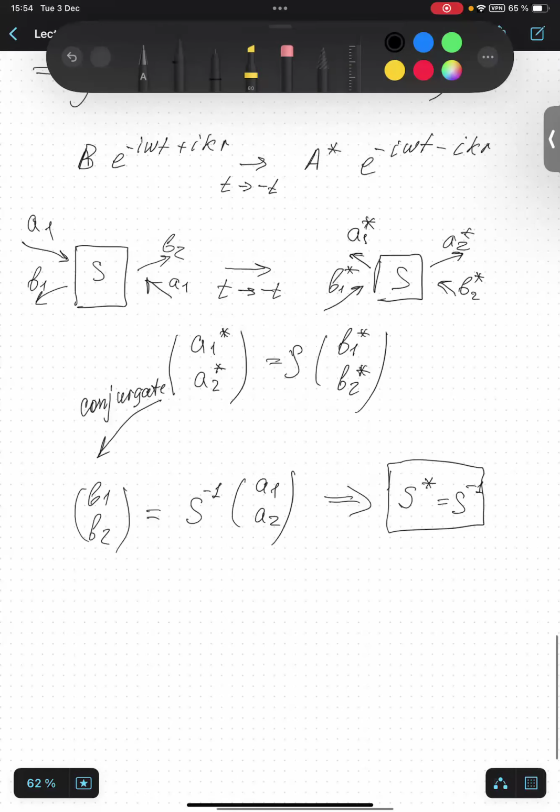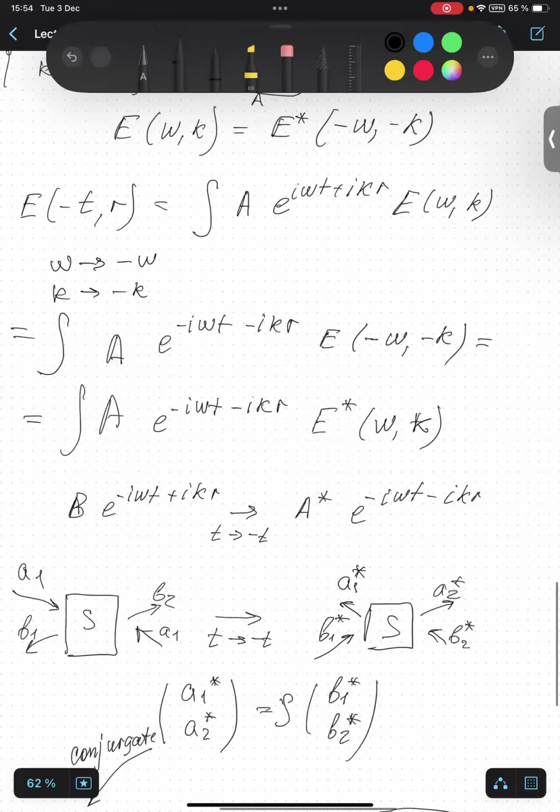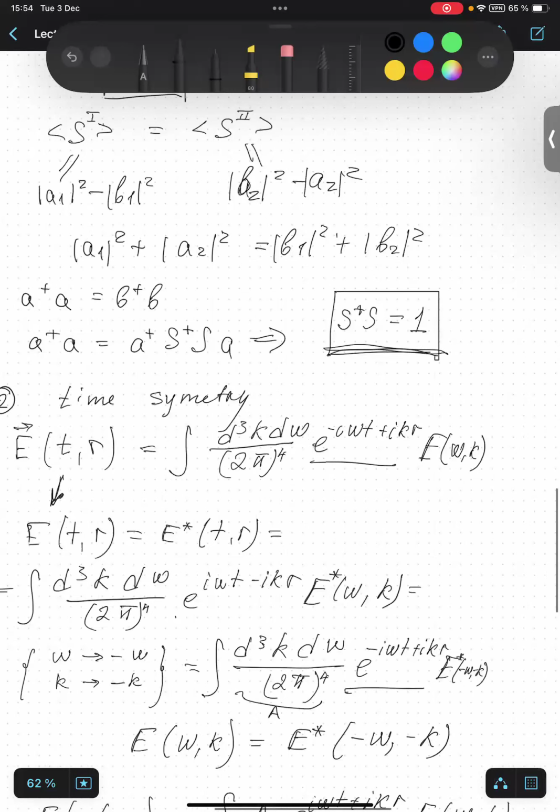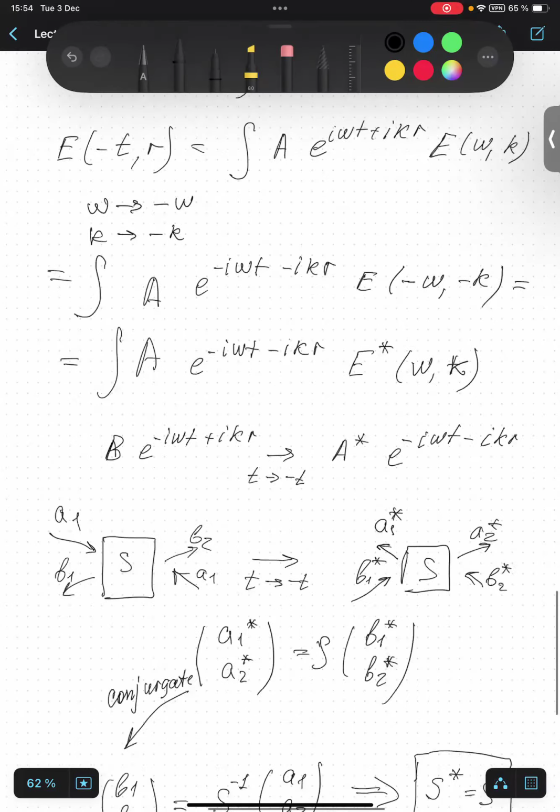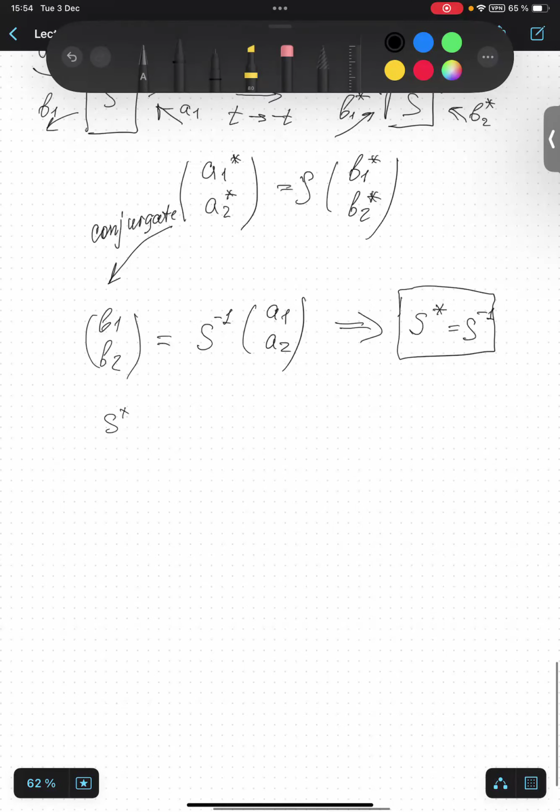Also from the first property, from this, what can we write? We can write that S plus equals S inverse. So altogether, S conjugated equals S inverse and S Hermitian conjugated also equals S inverse.